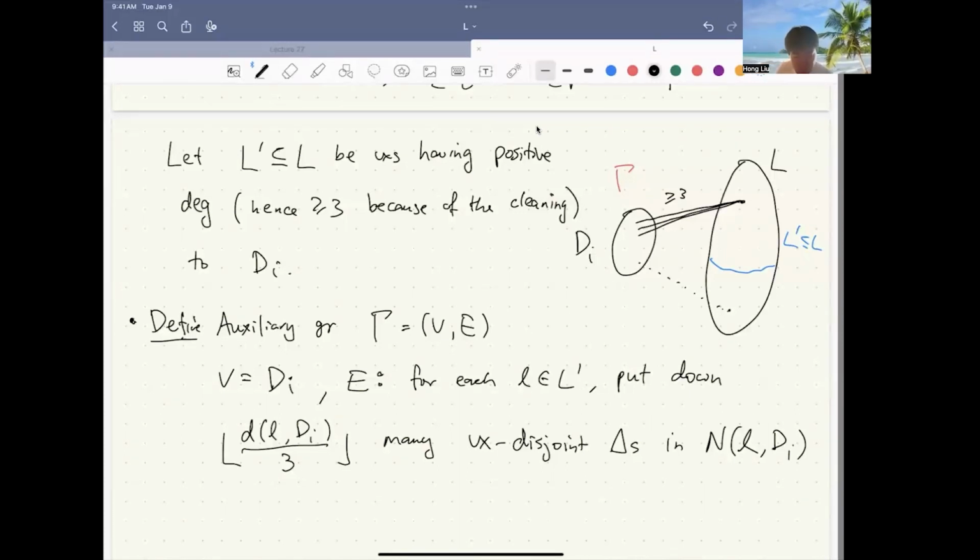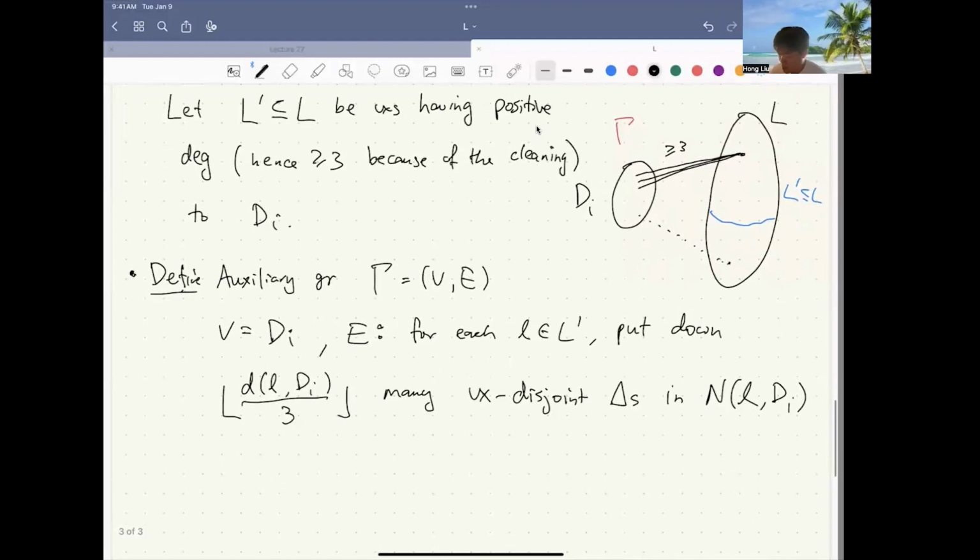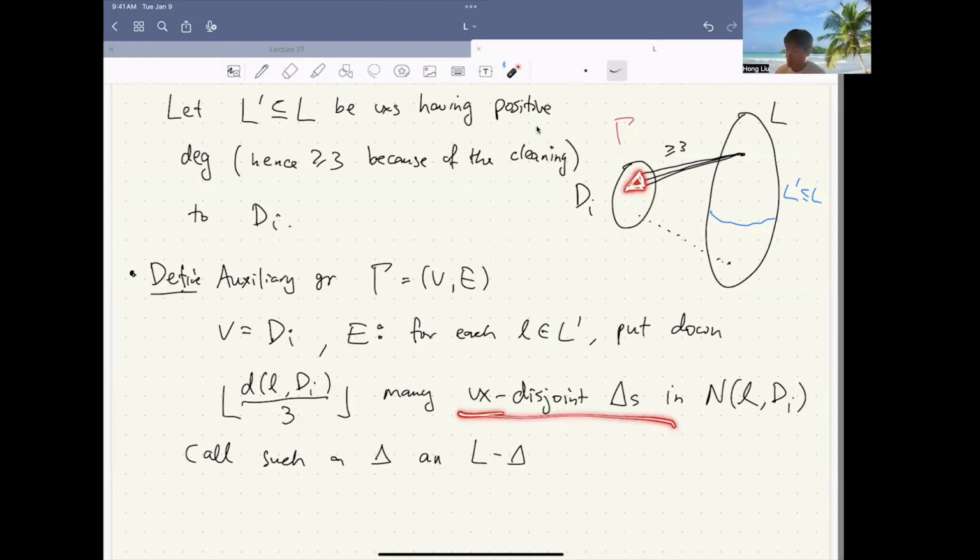Okay. Now, we call such a triangle an L triangle, if it's a triangle coming from gamma we built from this collection. We call it an L triangle.